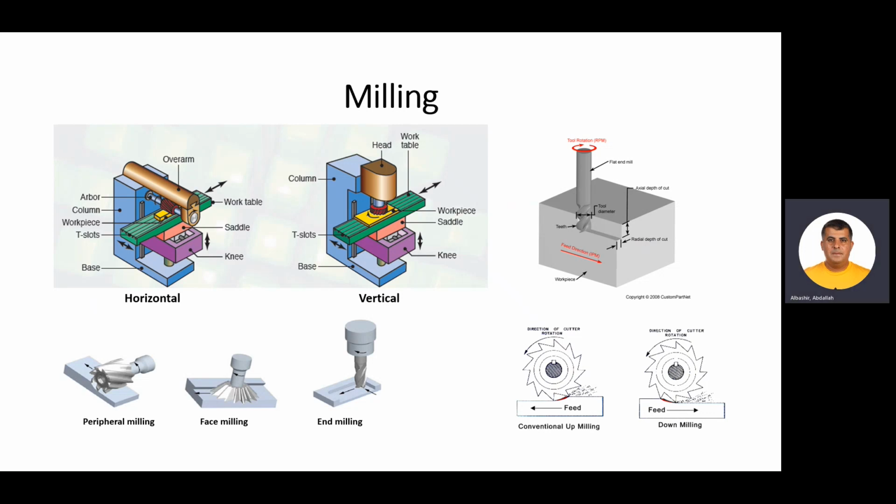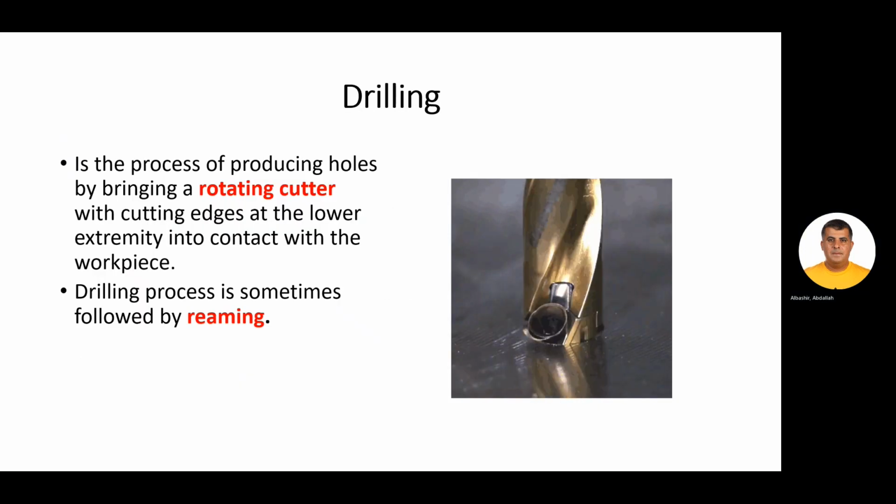In the down milling, the rotation and the feed are in the same direction, while in the up milling, the rotation and the feed direction are against each other. You can find more details in the workshop manual about the differences between the up milling and the down milling.